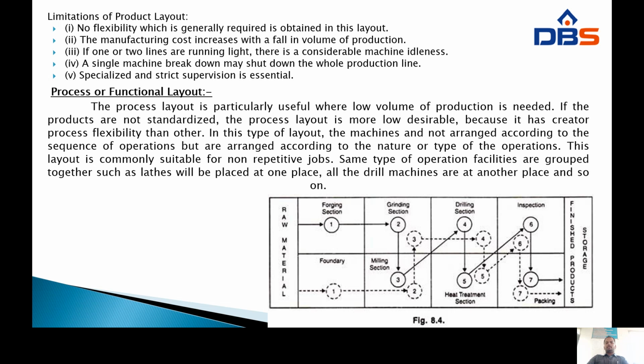The following diagram shows the arrangement of equipment and the operation sequence. This layout is commonly suitable for non-repetitive jobs. The same type of operation facilities are grouped together, such as lathes placed at one place, and all the drilling machines at another place, and so on.